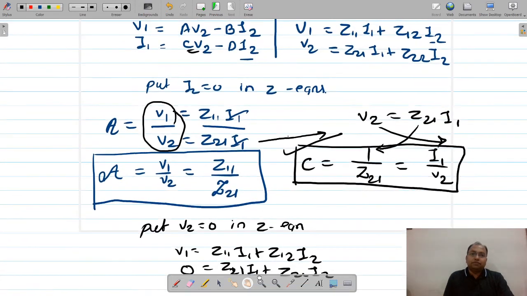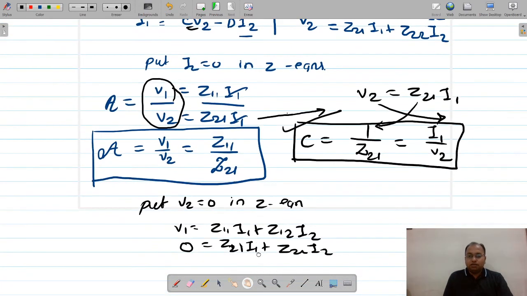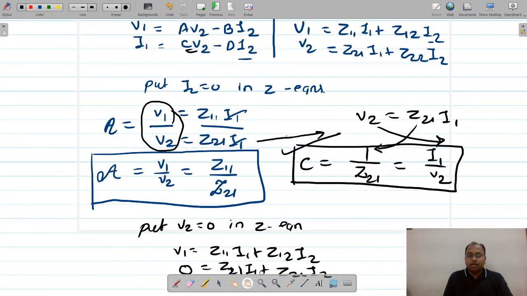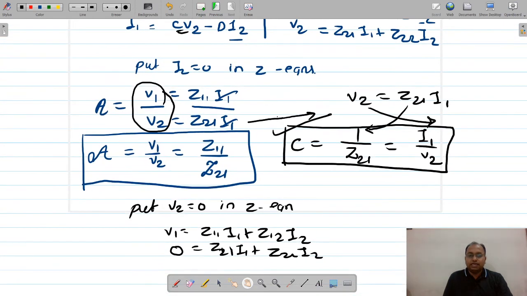Okay, and first, D, can we find out D? From this second equation we can directly find out D. D is nothing but again a ratio of I1 to I2, but again the minus sign is important, right? So let us take I1 to the left hand side. Z21 I1 is equal to minus Z22 I2, and now transfer I1 to the left hand side and the multiplier of I1 to the right hand side.